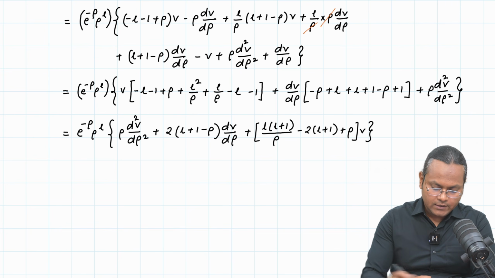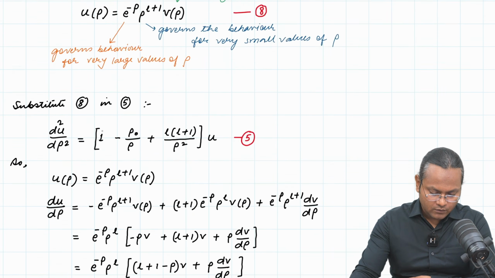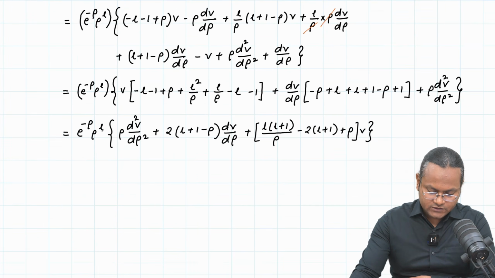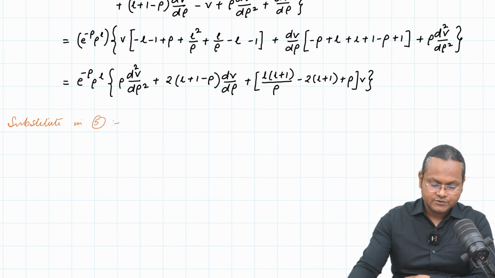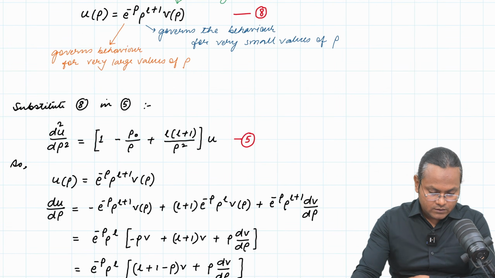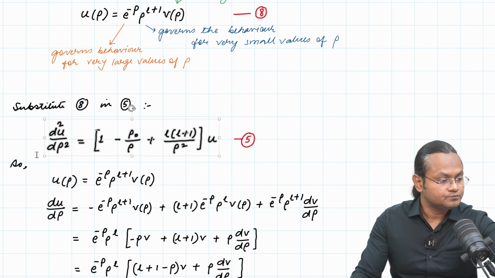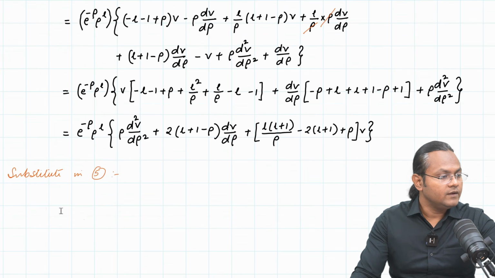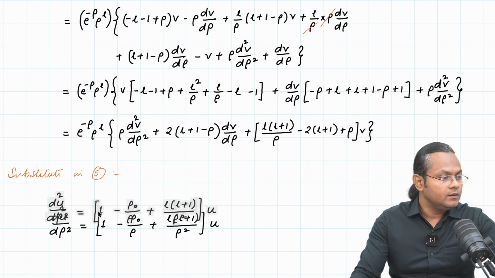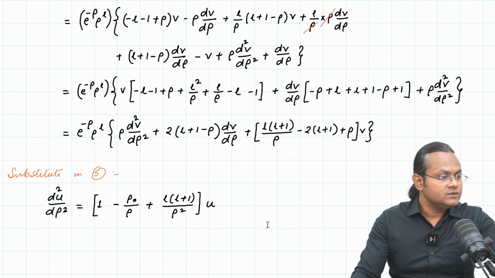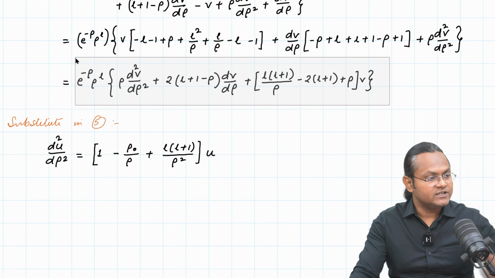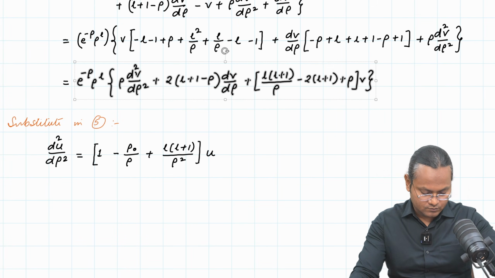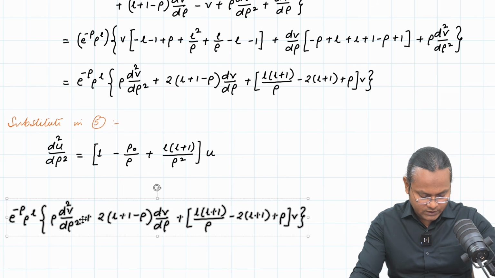So now let us substitute this back into our equation number 5. Substitute in equation number 5 and see what we get. So if we substitute in equation 5, then this equation basically becomes, I think I'll just copy paste to simplify everything. So on the left hand side, we have d2u upon d rho 2, which is this particular expression, right?